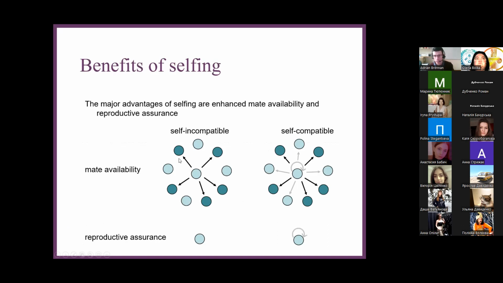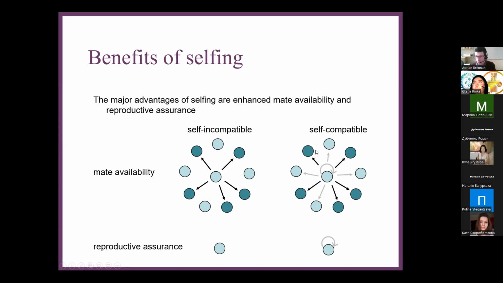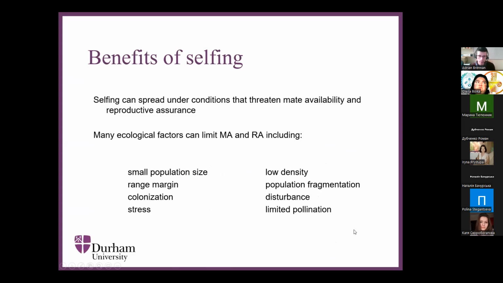So before, you can only mate with individuals that you're compatible with, whereas if you're self-compatible, you can actually mate with everyone in the population, plus you can mate with yourself. And reproductive assurance, imagine you're founding a new population, or your population is small or low density. You might not find any mates, but if you're self-compatible, you can always have the option of mating with yourself. So you've got that reassurance.